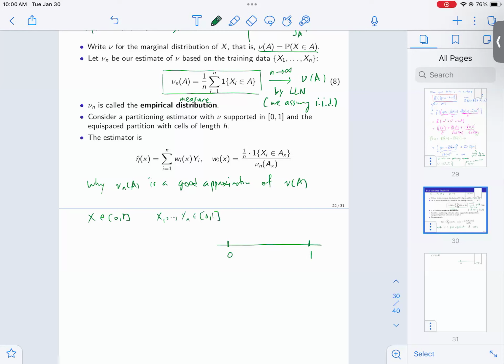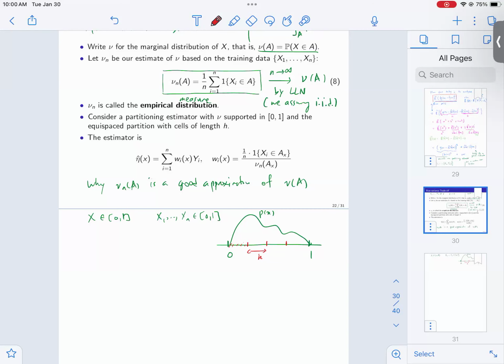They have the same distribution, so maybe some PDF supported on [0, 1]. That's p of x, the PDF of X. I'm going to divide this into pieces of length h, and these are the cells of the partition. Here I have four cells.